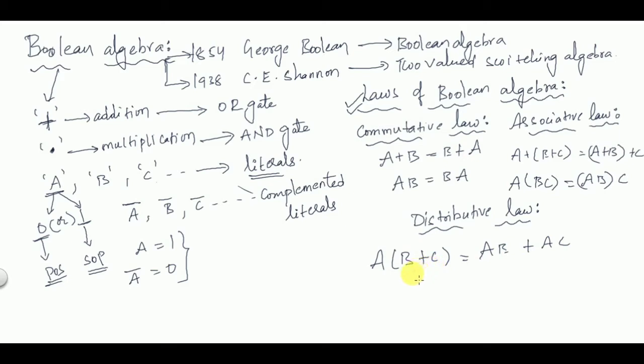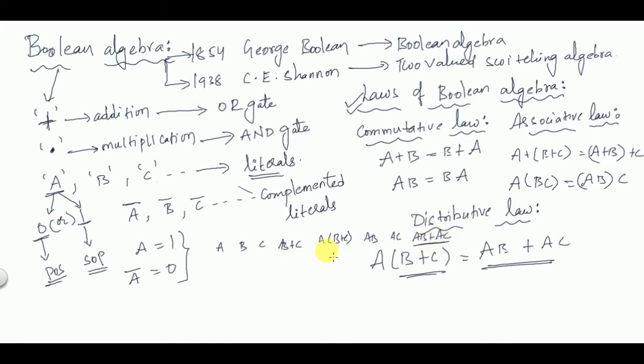We can prove this, but proof is not required, so just remember this: a into (b plus c) is equal to ab plus ac. We can prove it by taking a truth table with A, B, C. Next we find b plus c, next a into (b plus c), next ab, ac, and then ab plus ac.